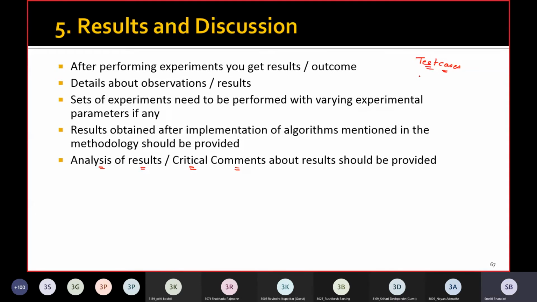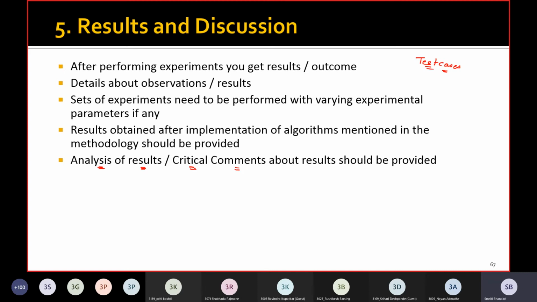Even if it is not a research-oriented topic, you are working with several test cases. As I mentioned, if any test case failed, you should critically analyze the reason why this test case has failed. That is called analysis of the result.